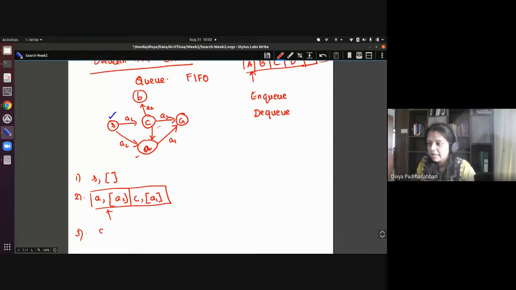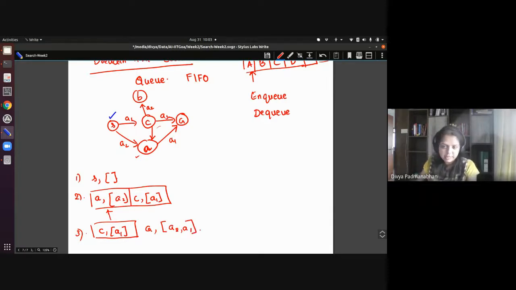So you have C with A1, which is already there in the queue, and you NQ G, the goal state, with actions A2 and A1. A2 is what you had so far, and you add this additional action A1. Maybe this is too quick an example because you ended up already finding it.